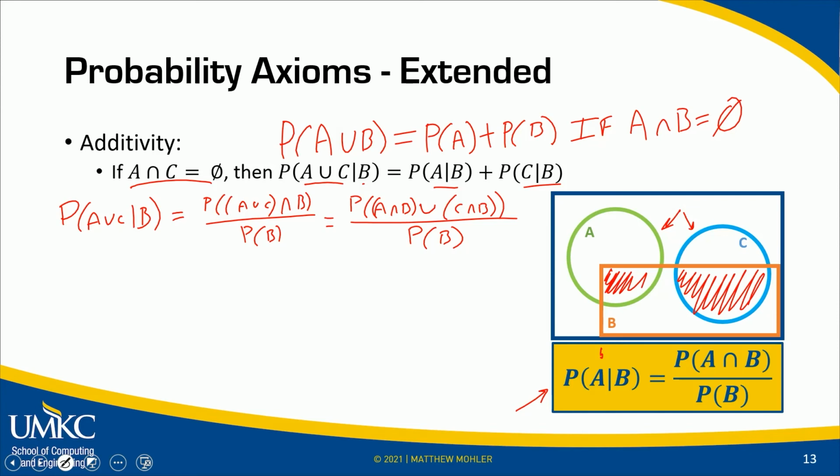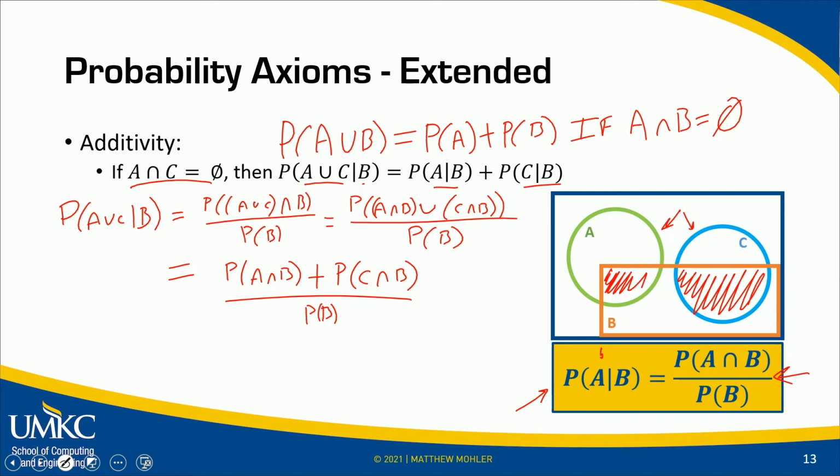So from our basic additivity axiom, that equation is equal to the probability of A intersected with B plus the probability of C intersected with B, again all over the probability of B. If we split that out, we are left with the probability of A intersected with B over the probability of B, which should be very familiar.